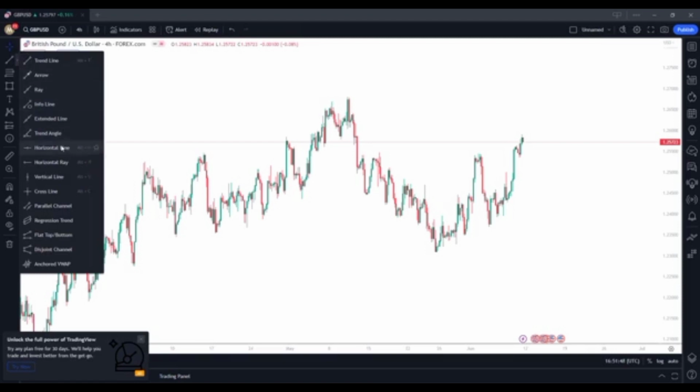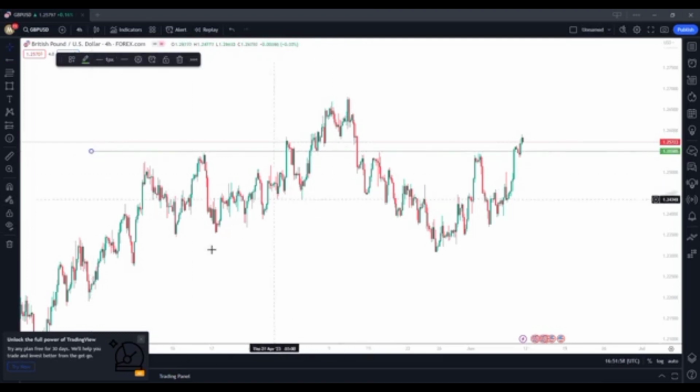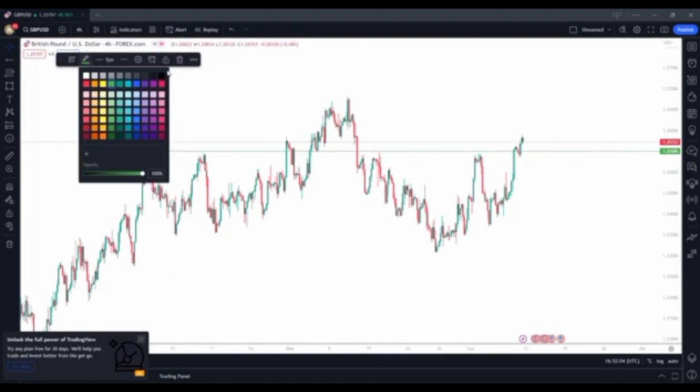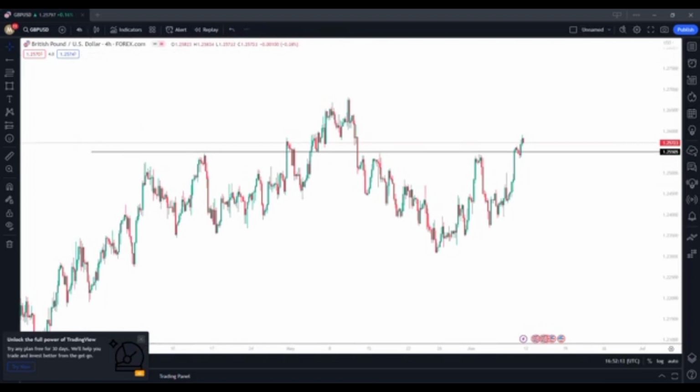Let me use a horizontal ray. Let me change the color from green to black so that we'll see it very well. And then you can increase the thickness of the line depending on what you want.